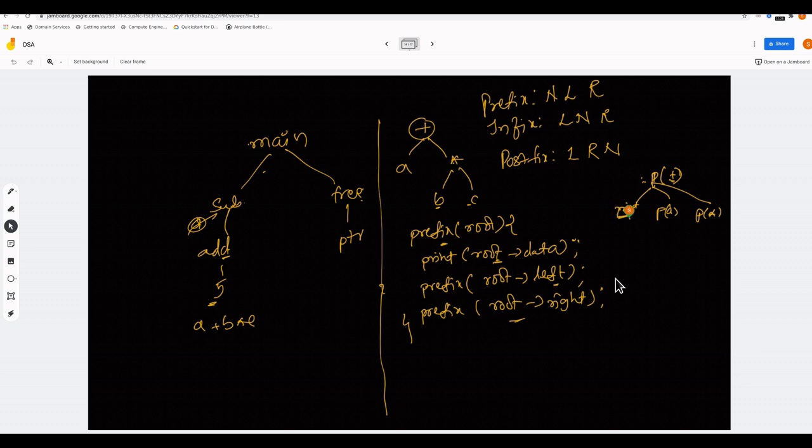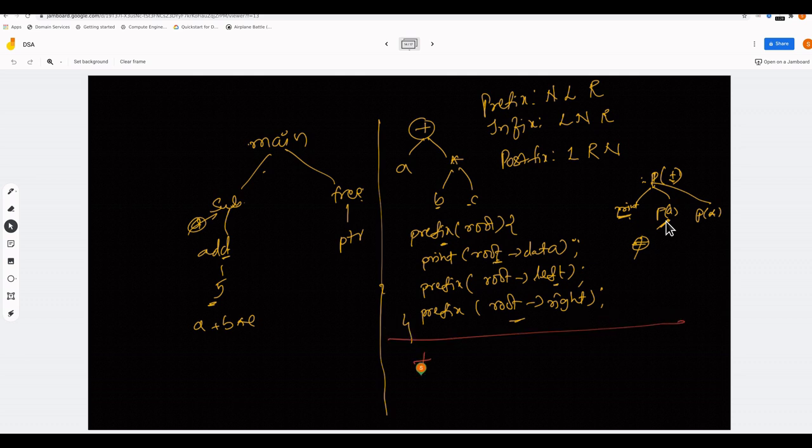So you start with print, which is printing plus, and then it needs to execute the p of a part. Of course it doesn't have any other children, but it just calls p of a. So p of a has three statements. Let me call the output here somewhere.